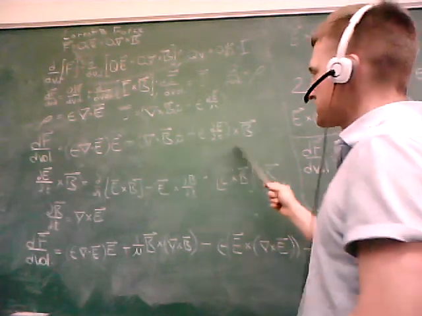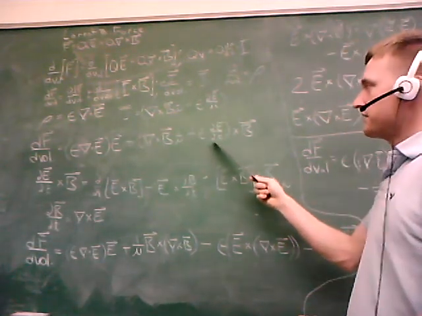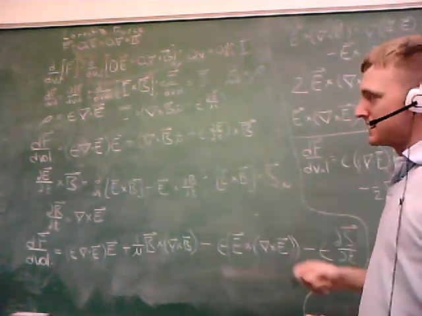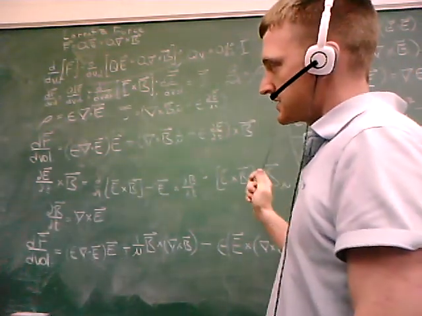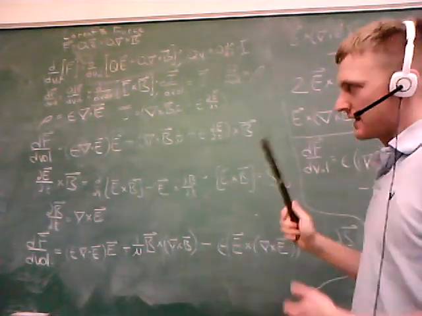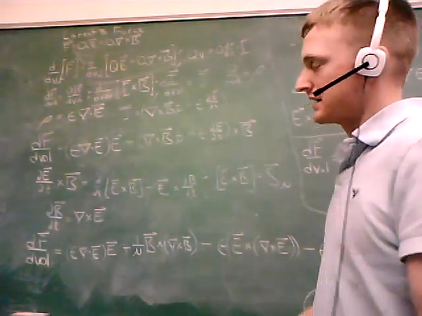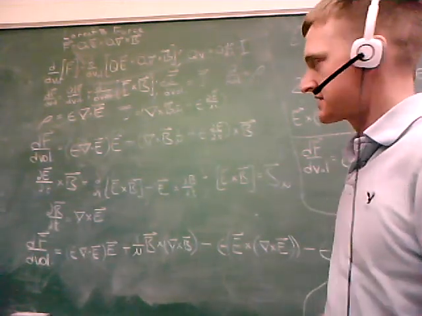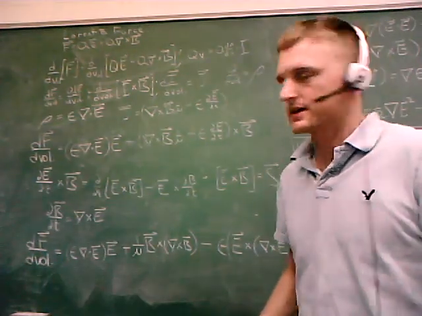So this distribution here, this dE dt cross with B, that one in particular can be changed up a little bit to be cleaner and to give us something a little more symmetric in the end.